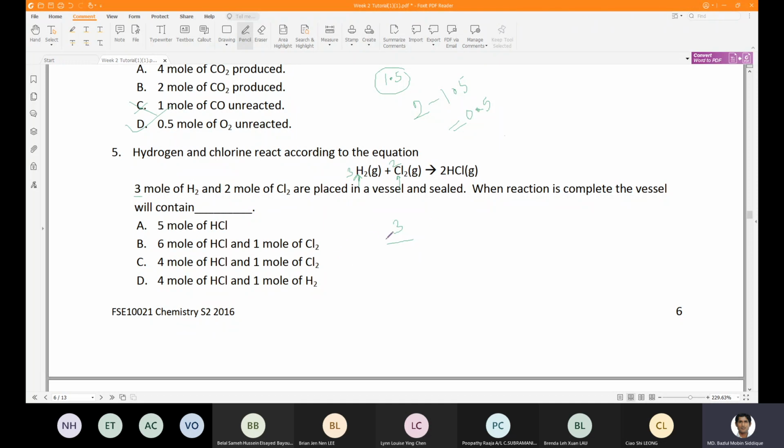In the balanced equation there is only 1 in front of hydrogen. So this is coefficient 1, and for chlorine it is 2 over 1. Do you get where I get the 1 from? This is important actually. I want to know if it is okay for you.